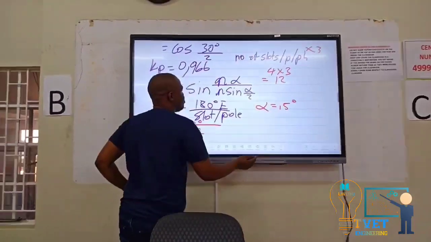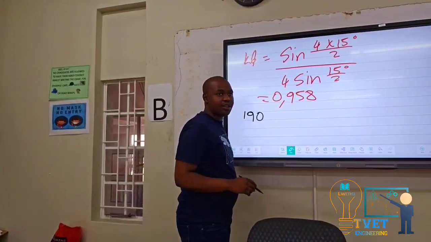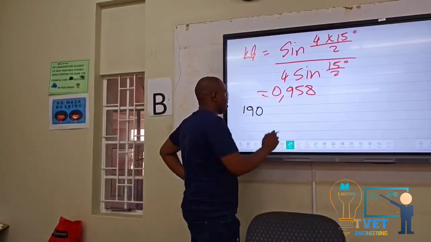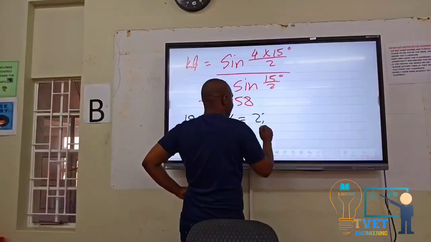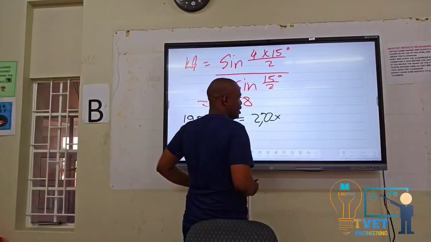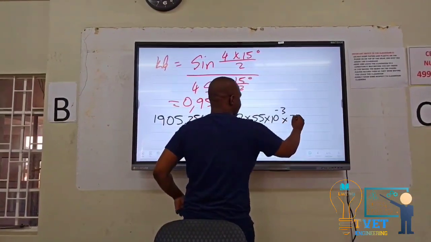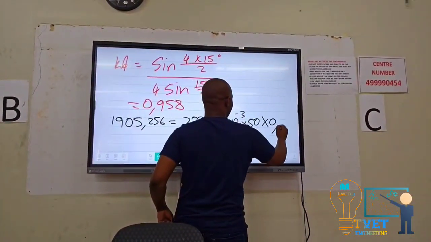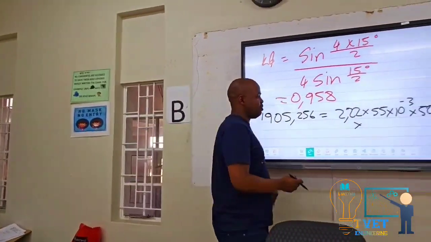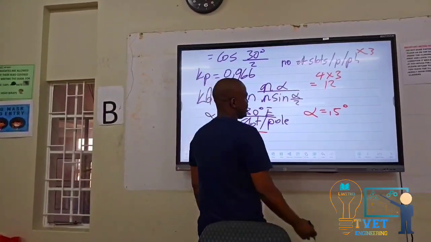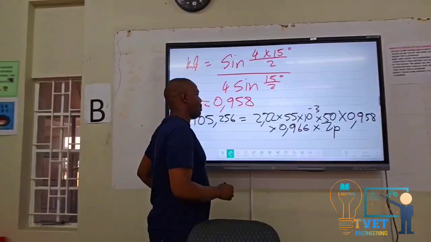Now we can use our EMF equation completely. The EMF of 19,0.5,256 equals 2.22 times the flux of 55 milliwebers times 10 to the power minus 3, times the frequency of 50, times the distribution factor of 0.958, times the pitch factor of 0.966, times the conductors per phase.